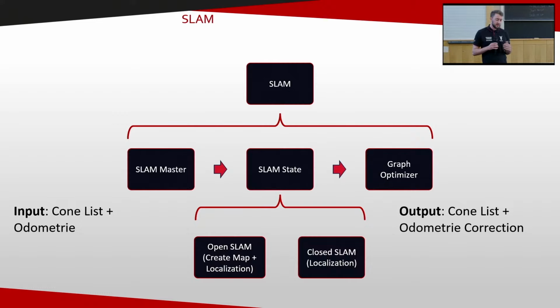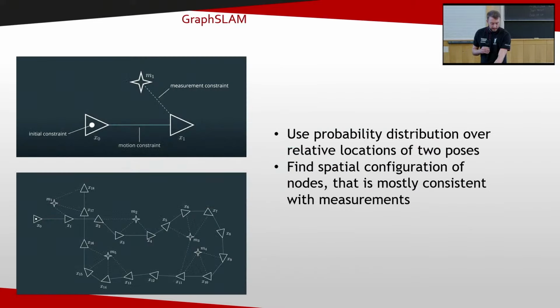Therefore we have to separate between open SLAM, where we can develop a new map, and closed SLAM, which means we have driven one round, we already know the track, and then only have to locate our vehicle more precisely in this built-up map.